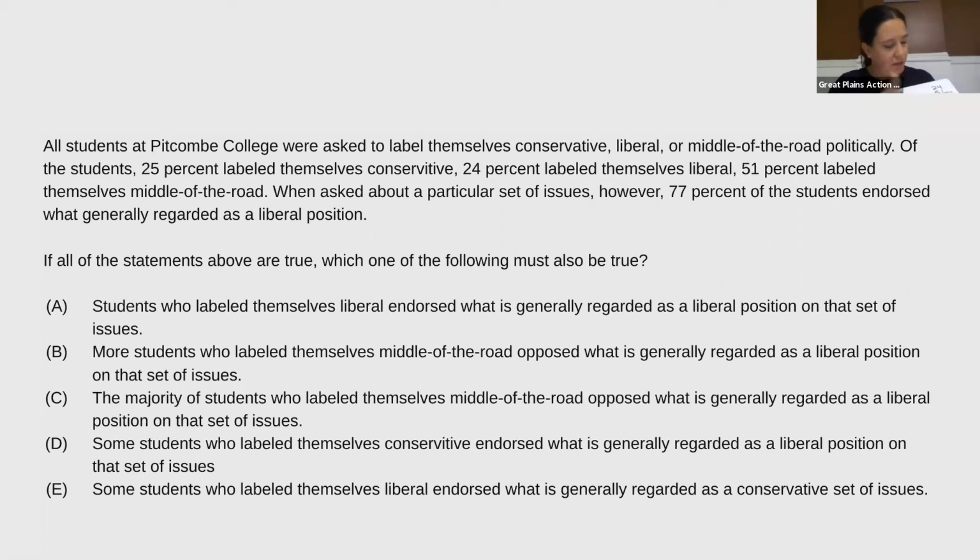So just by looking at the math, we can know that our answer is D. And we know that we're looking at the structure because we're talking about necessity, so what must be true.